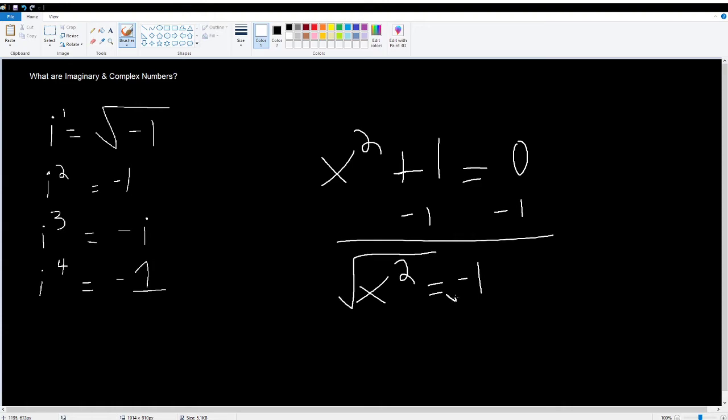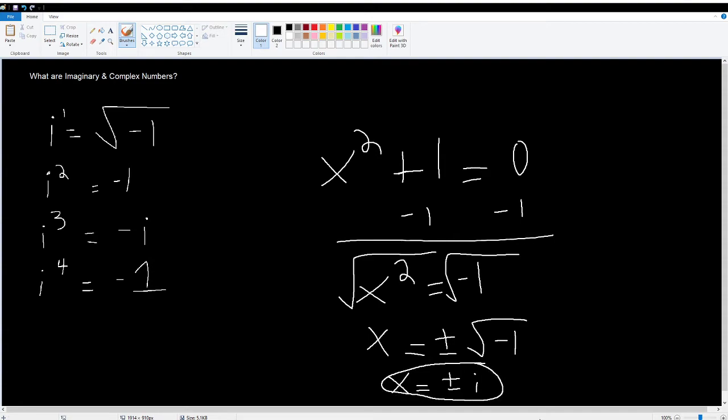Then we take the square root, and you realize anything squared is always going to be positive. So that's where complex and imaginary numbers come in. So we have x is equal to plus or minus the square root of negative 1, or x is equal to plus or minus i. So that means x is equal to i and negative i.